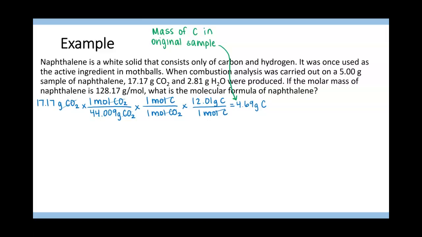Now we need to do the same thing for hydrogen. Our naphthalene contains carbon and hydrogen. So we have 2.81 grams of water produced. Converting to moles of water.